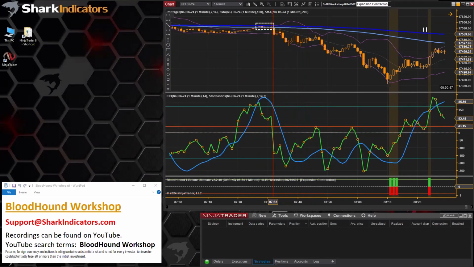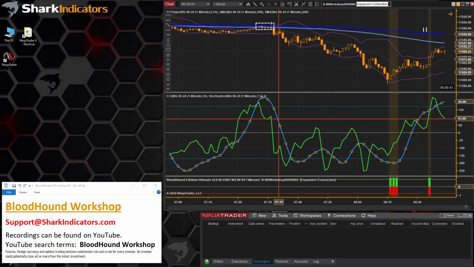All right, so I have the CCI and then the stochastics. While I can overlay them on top of each other, and NinjaTrader makes them look like they're in sync with each other, mathematically they're not in sync. Because you should know that the stochastics doesn't go below 0.